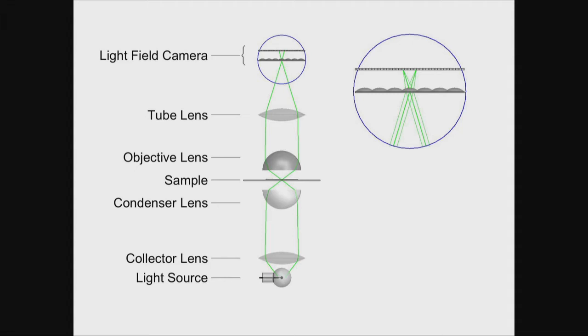That means these 16 by 16 pixels give you all different directions of the light. So this is what's shown here at the top.